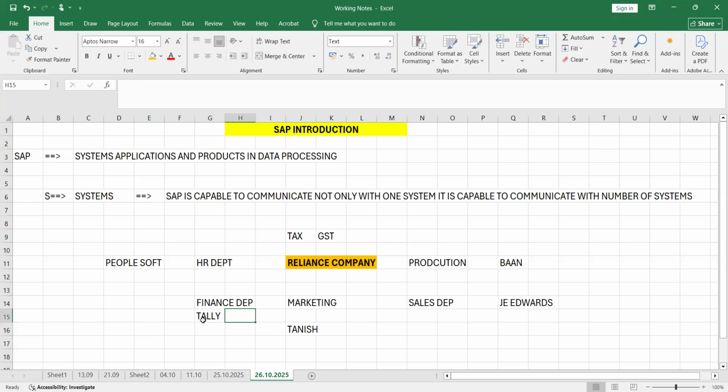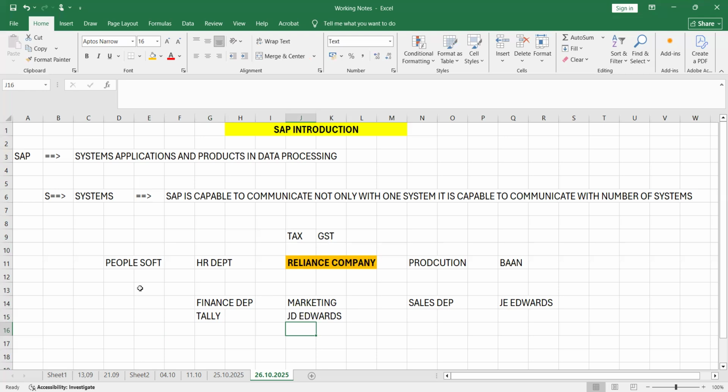And for the marketing department, for example, I can take BAN or JD Edwards. So here I have five departments, and each department uses different softwares.